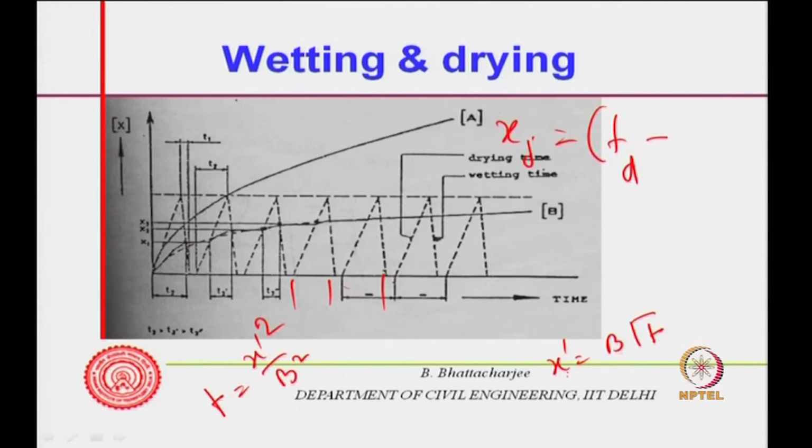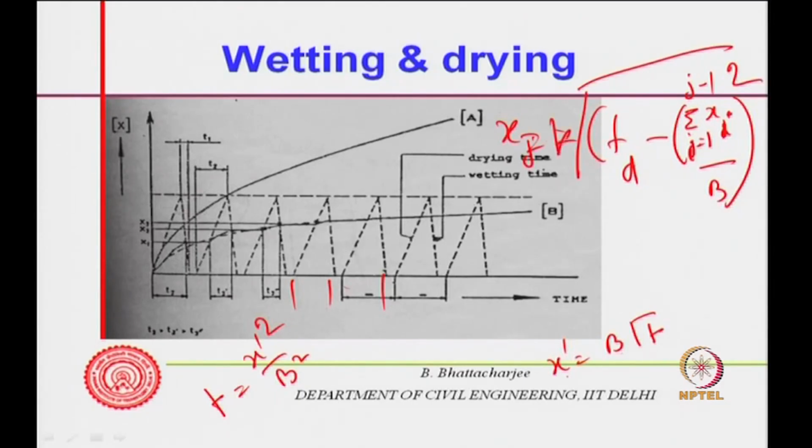It is length per unit T to the power half, so length times T to the power minus half. Therefore, this would simply be the sum of x_j, with j going from 1 to j minus 1, divided by B squared, and the whole of this thing should be under root, multiplied by k.